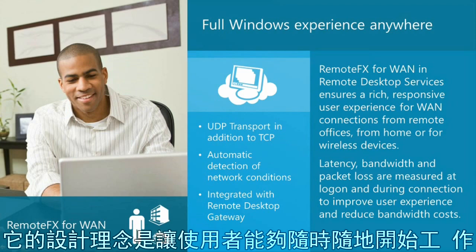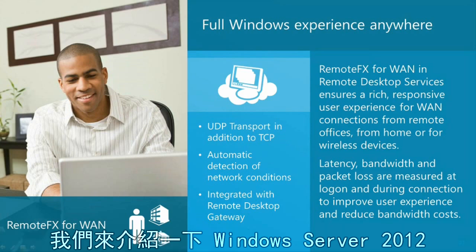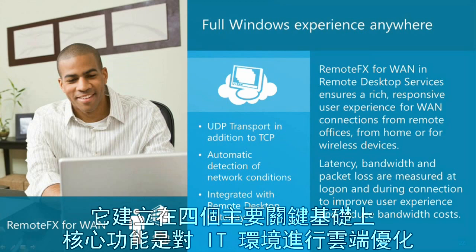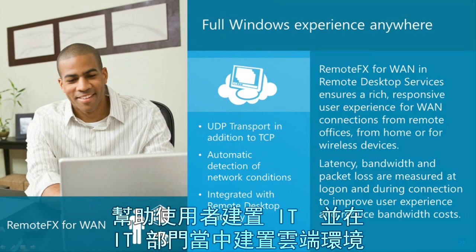What I want to talk about now is what we are doing in Server 2012 to make that a great experience. Microsoft Remote Desktop Services has been around for a long time, going all the way back to terminal services.